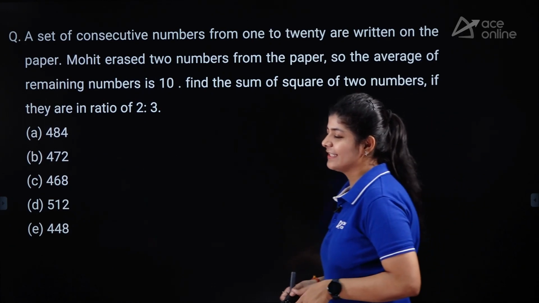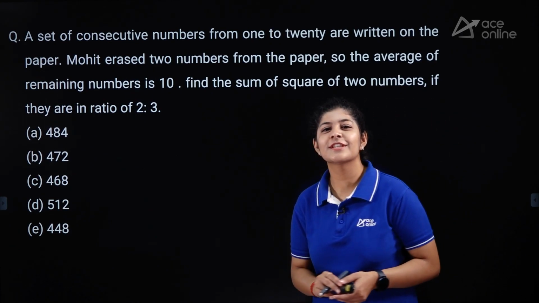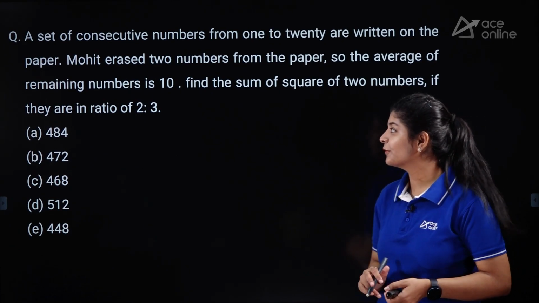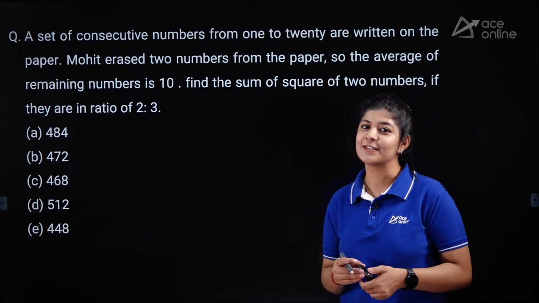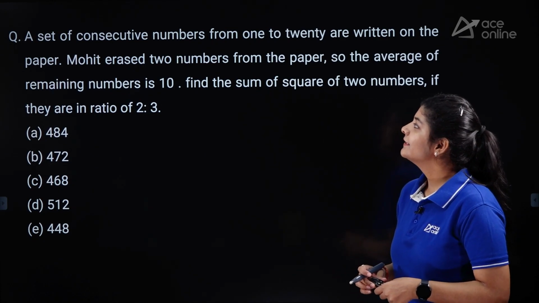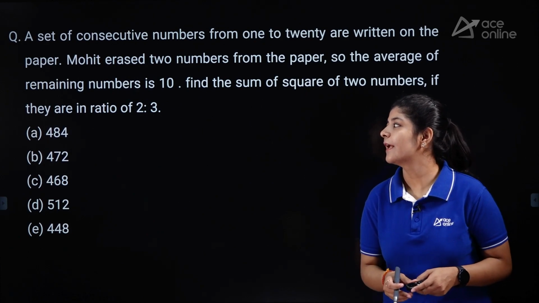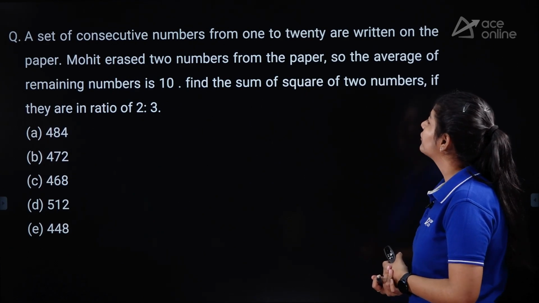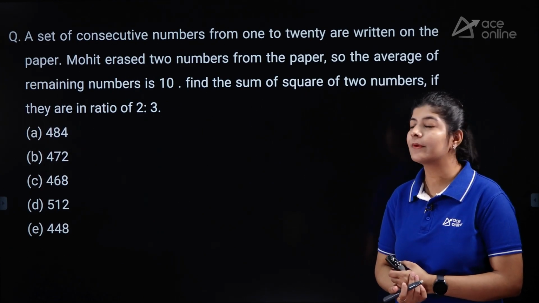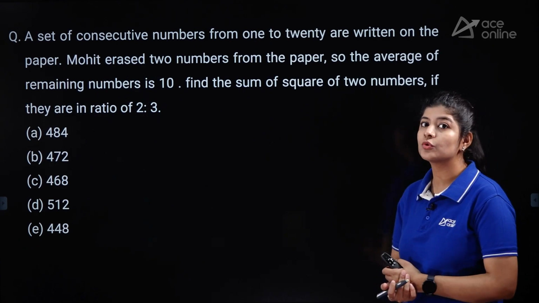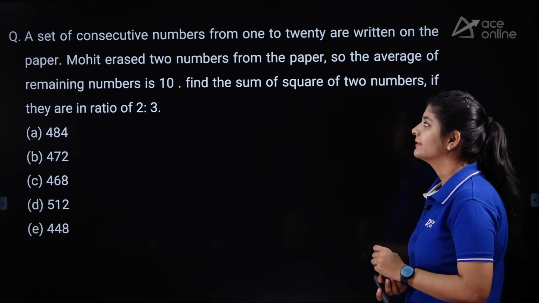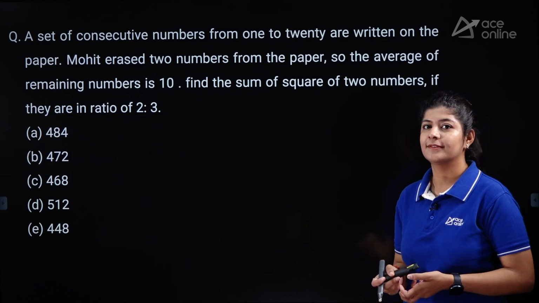This is a very easy question. All you need to do is you just need to use the concept of average in this particular question. What you have to do, you have to find out the sum of the squares of those 2 numbers which are erased by Mohit.